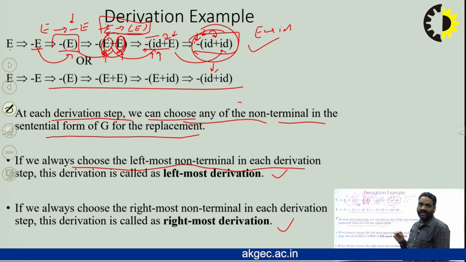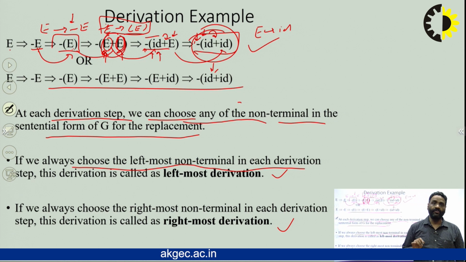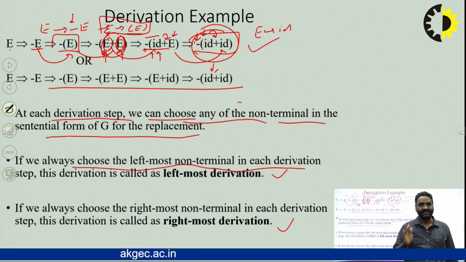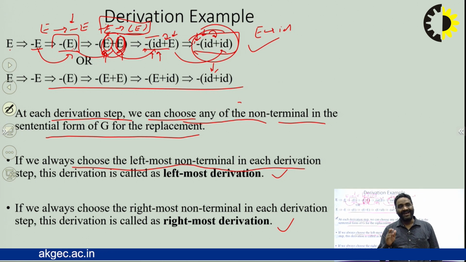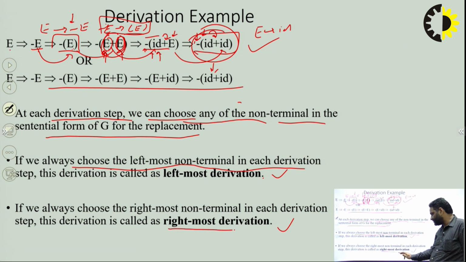So in each step of the derivation, if we replace the leftmost non-terminal, it is known as leftmost derivation. In the same manner, if we choose the rightmost non-terminal for replacement, this approach is totally reverse of the first one, that is rightmost derivation.